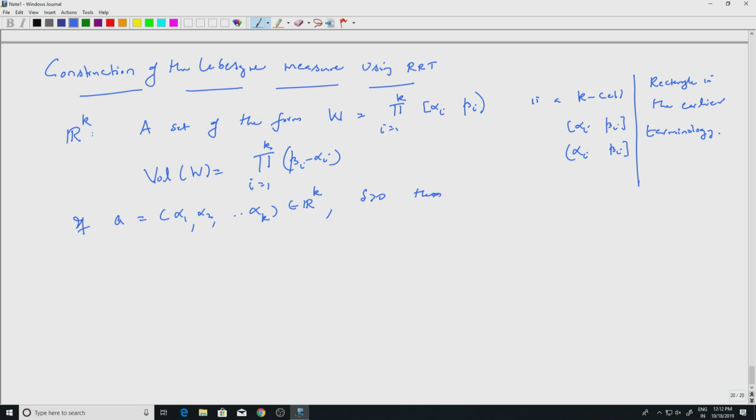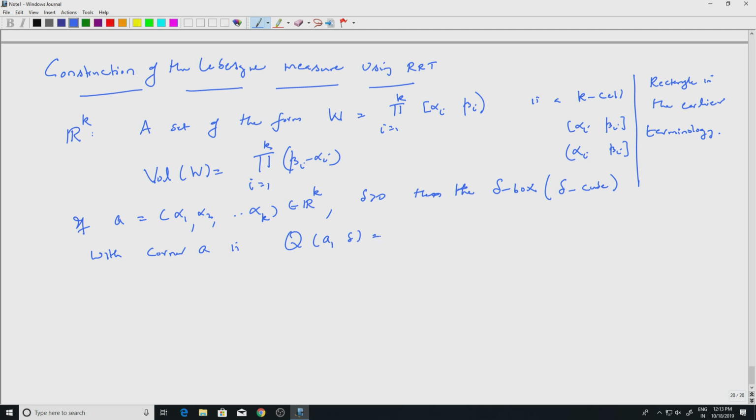Then the delta box, or the delta cube with corner A, is denoted by Q(A, delta).